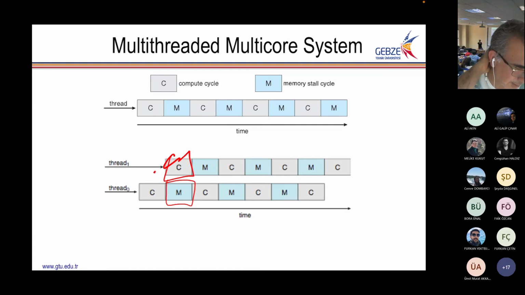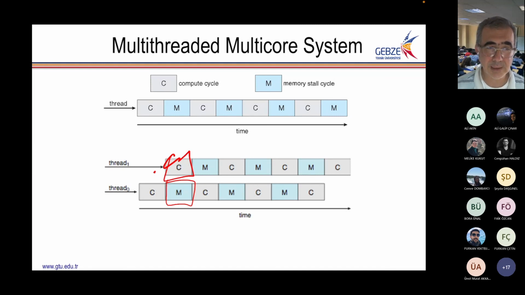Also for a single core it is meaningful, but with the multi-core approach, having more than one thread per core has a more significant advantage, because cores can conflict for certain parts of the memory.